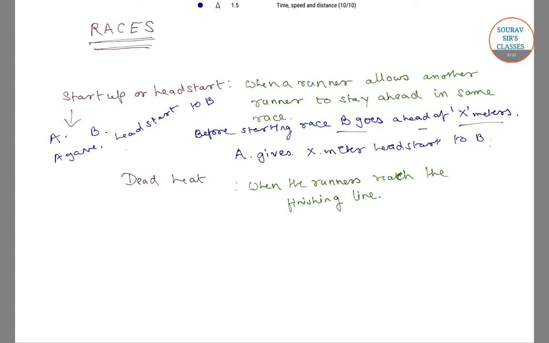Now when it is said that A has given B a start of X meter, suppose the length of the race is Y meter, that is the distance of the race. So if it is said that A gives X meter head start to B in a Y meter race, then it means that B runs X meter less than A in the same time.